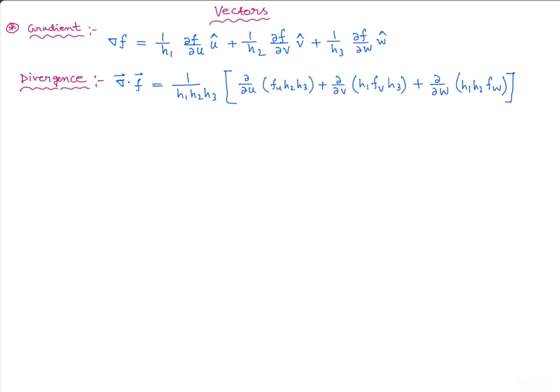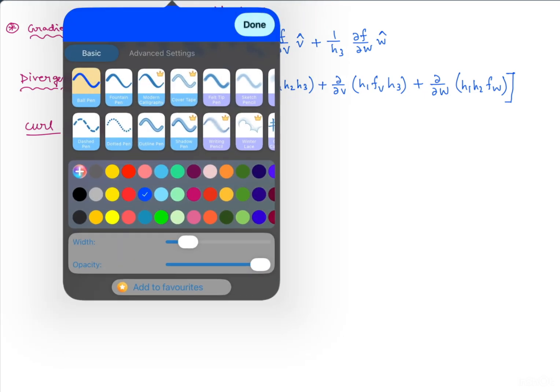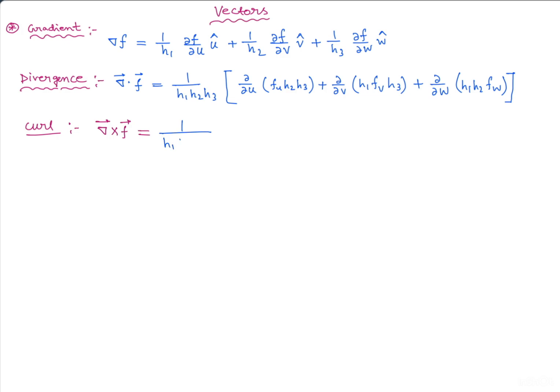Next, curl of a vector is written as 1 by h1 h2 h3 into the determinant with rows h1 u cap, h2 v cap, h3 w cap; del u, del v, del w; h1 fu, h2 fv, h3 fw.